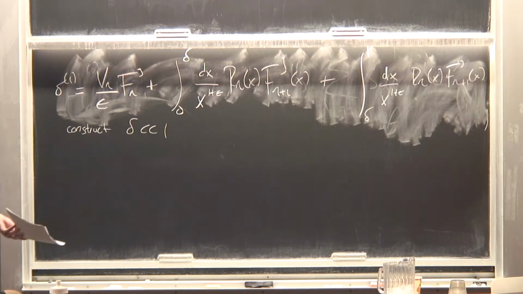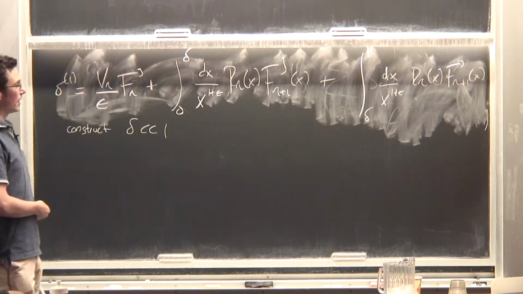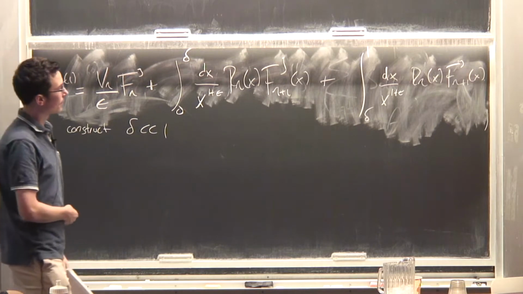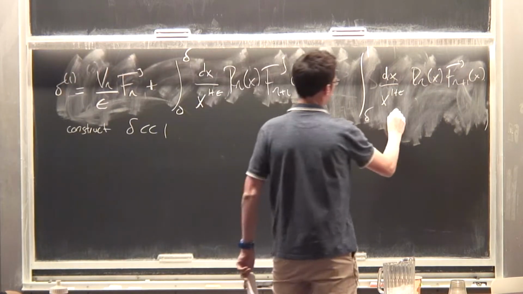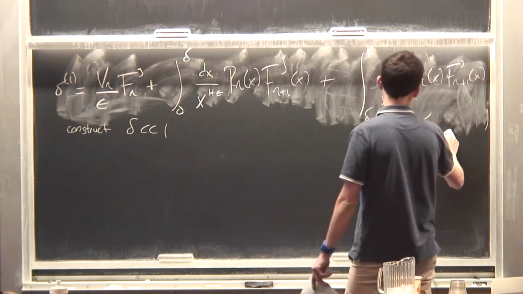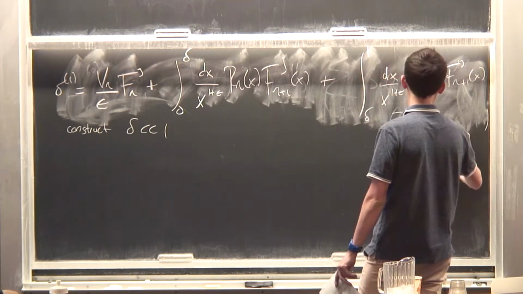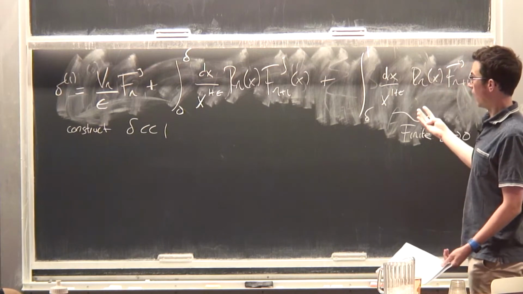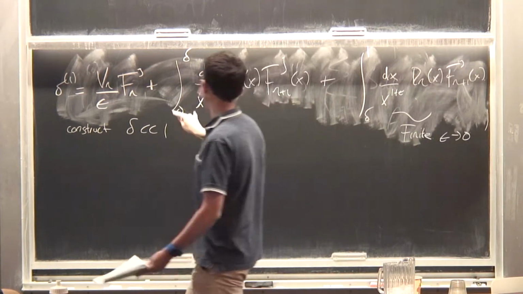I just made it up, so I'm free to do whatever I want with it. So I'll do that because that sounds like fun. This thing over here is finite. So I can just send epsilon goes to 0 and calculate that. Now all my worries are these two terms here.